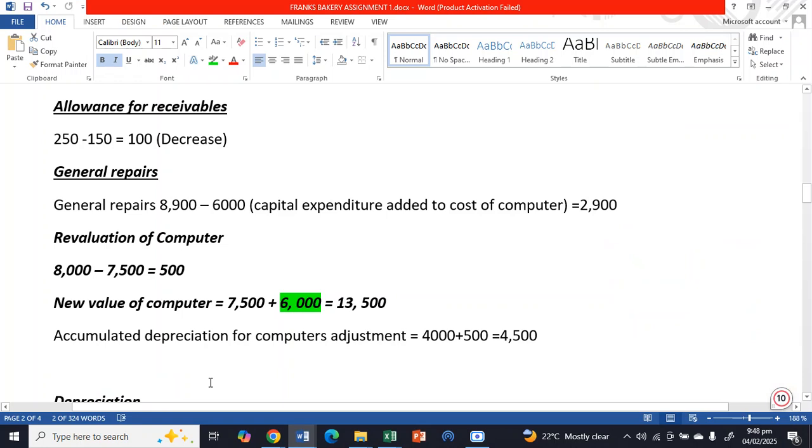Some of these tabulations, you can show them in the statement of profit or loss. Some of them you can put. But you have to show these workings, madam, before you prepare your financial statements.